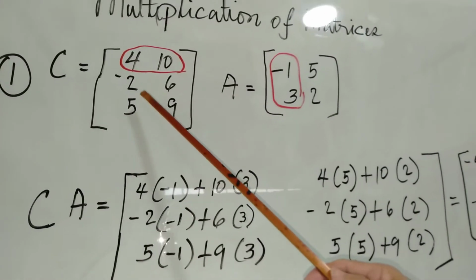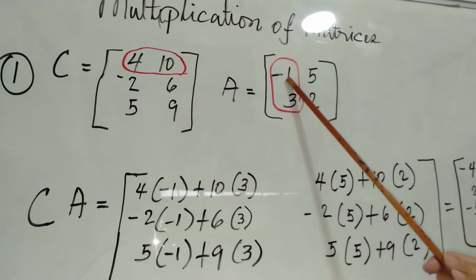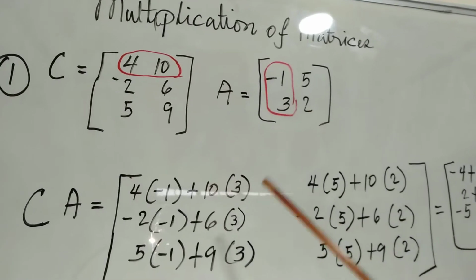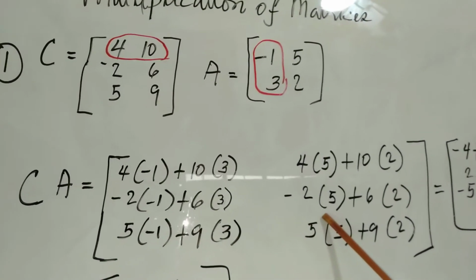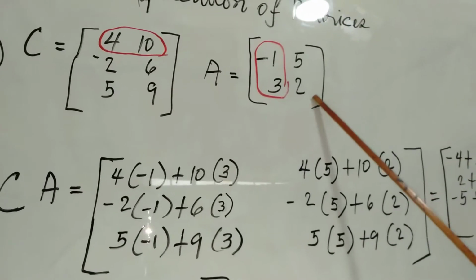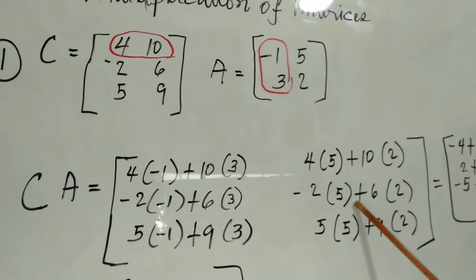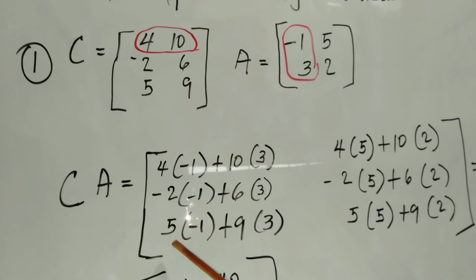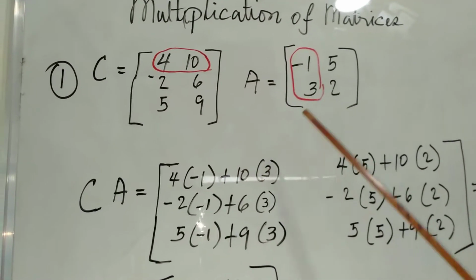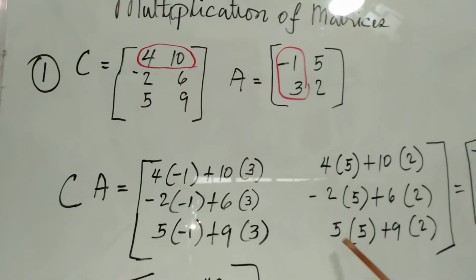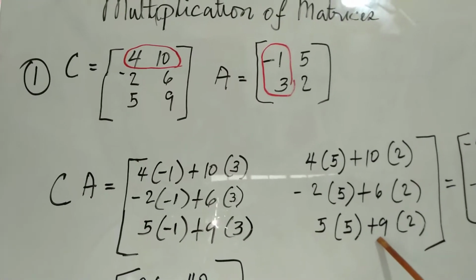The second row: negative 2 times negative 1, and 6 times 3, and negative 2 times 5 and 6 times 2. The last row: 5 times negative 1 and 9 times 3, and 5 times 5 and 9 times 2.